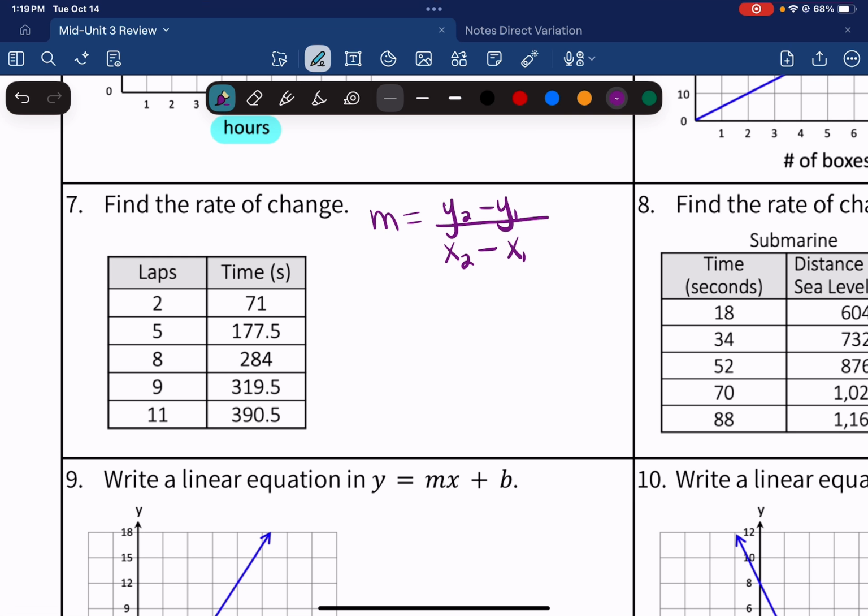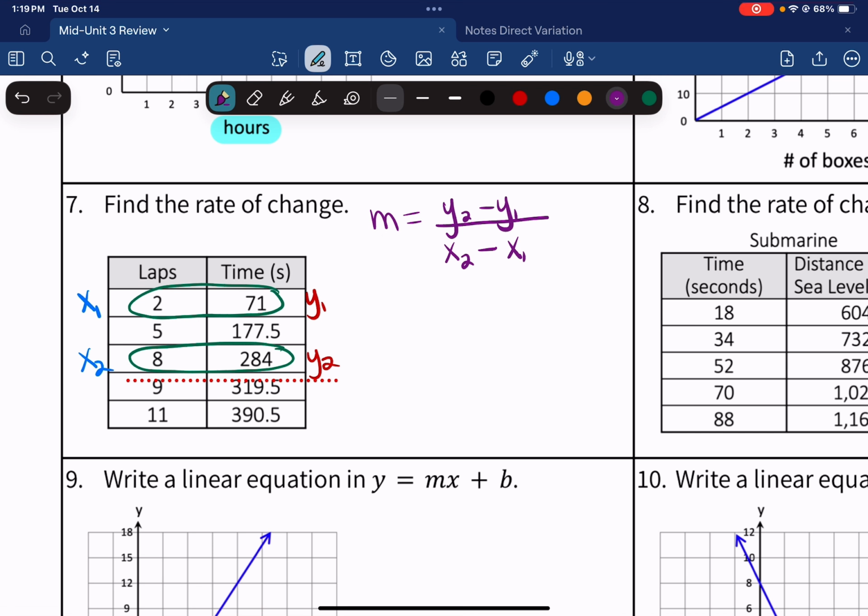So I can pick any 2 points that I want in this table. I'll just go with this first point and the third point so that I don't have to work with any decimals. And I want to label them, okay? If I label the number 2 my x1 value, then the number 71 has to be y1. And for my second point, I'll label the number 8 as x2, and the 284 that goes with it is my y2.